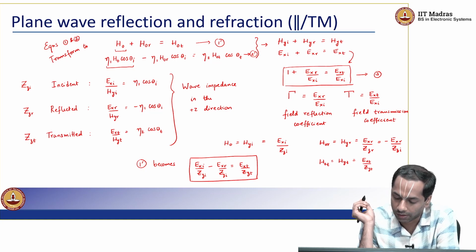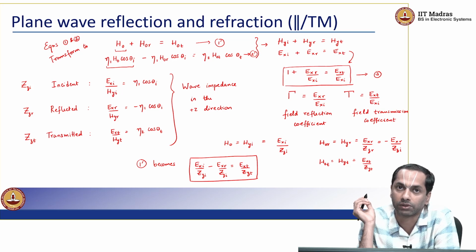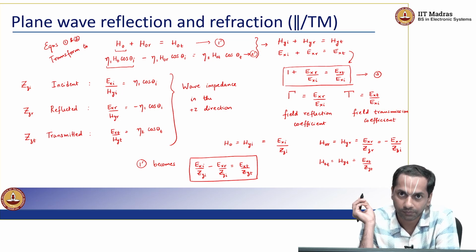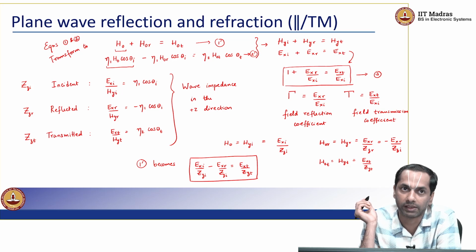Again remember the unknowns here are Exr and Ext. Those are your unknowns. Theta i, theta t are known, which means the Zzi, Zzr, Zzt are all known. The known quantities are all the Z's, all the wave impedances are known. Exi is also known, but Exr and Ext are the unknowns.